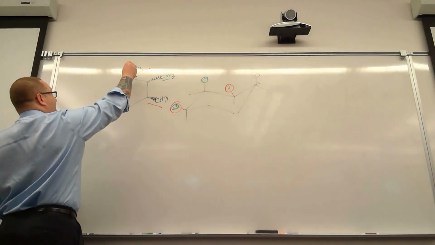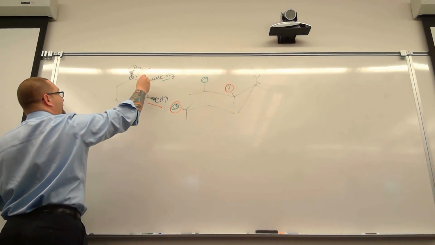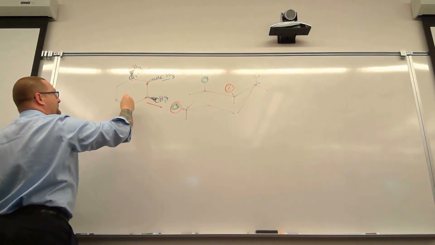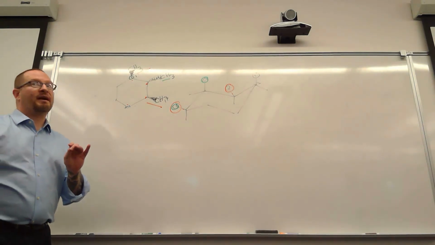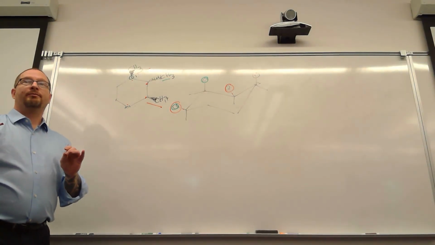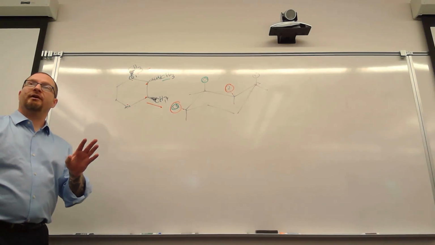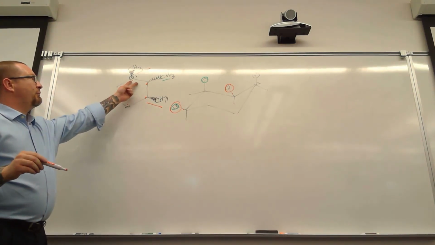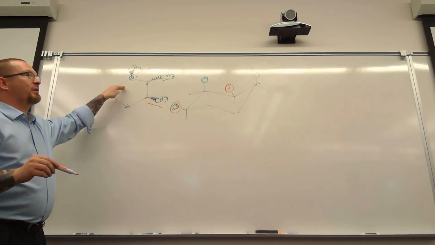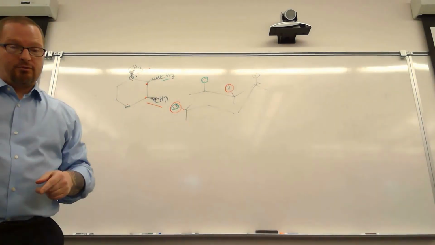So the location on the ring matters. There isn't a steadfast rule where all cis ones behave one way and all trans ones behave another way, because the way they behave will matter if it's on opposite bonds. Good question.